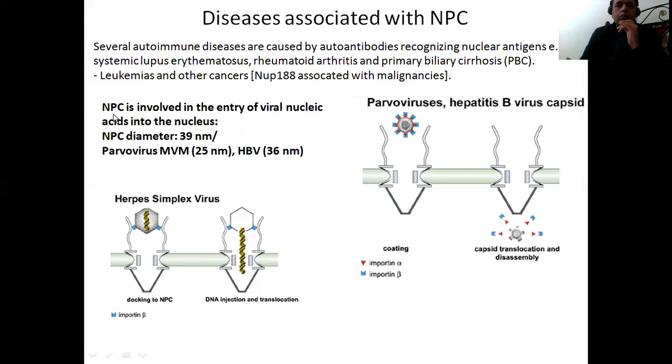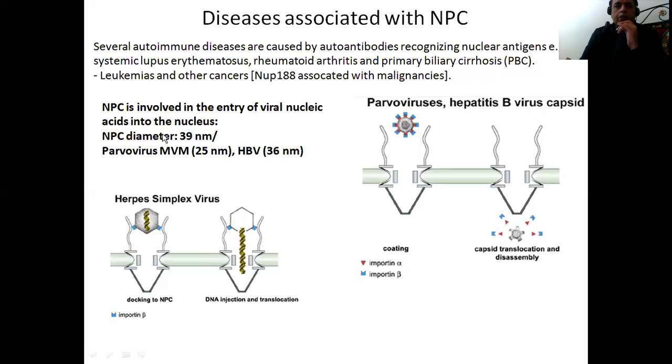Similarly, the nuclear pore complex is involved in the entry of viral nucleic acids into the nucleus. As I told you, the diameter of the nuclear pore complex is 100 nanometers. But the space provided there for the entry of molecules is only 39 nanometers.